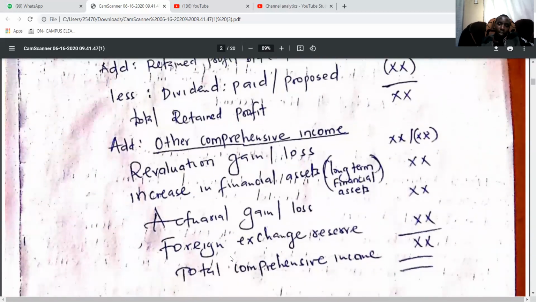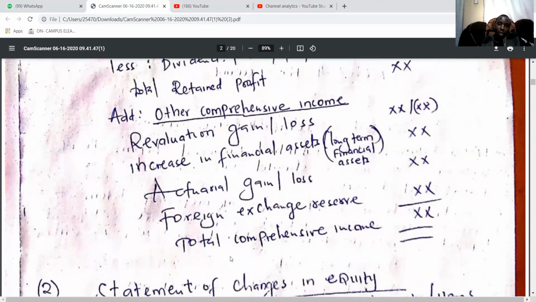Then increase in financial assets. Remember the financial assets, these are some of the financial instruments. Go and check IFRS 9. If you want to read more about financial assets, please note somewhere to read IFRS 9, financial instruments. Then actuarial gain or loss. This is concerning the topic of employee benefits.